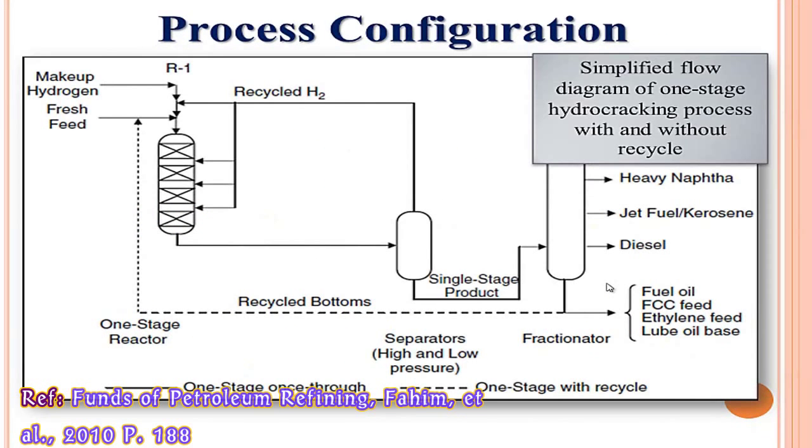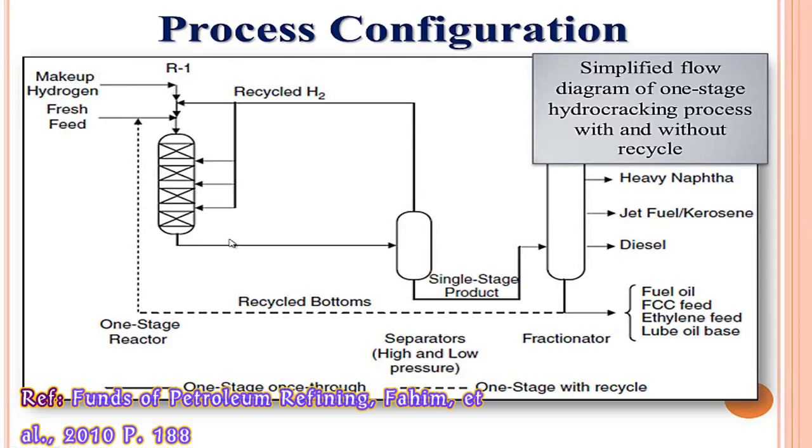Now take a look at the process configuration. This is a one step configuration. Actually, we do have just two steps, so students need to read the textbook for more information. A commercial cracker will convert the feedstock for about 40 to 80%.